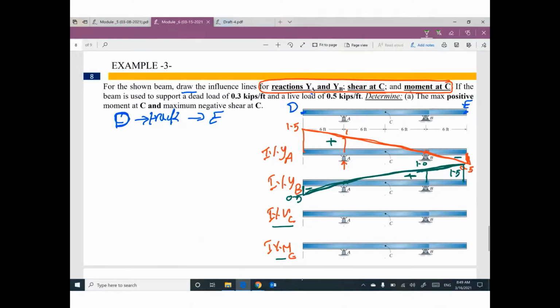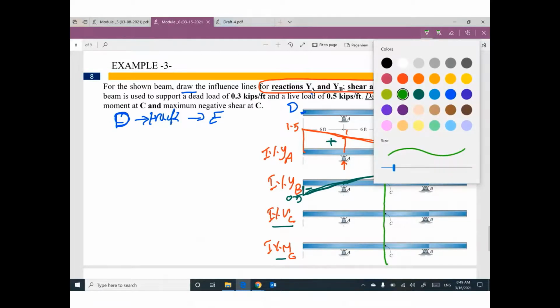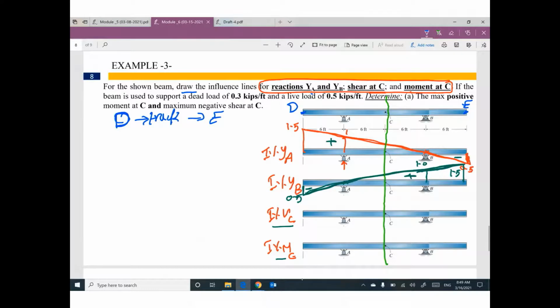But because we have point C in between, this point C cuts your trip into 2 parts. The first part from D to C, this is the first trip. The second trip from C to E. So let's start with the first trip.